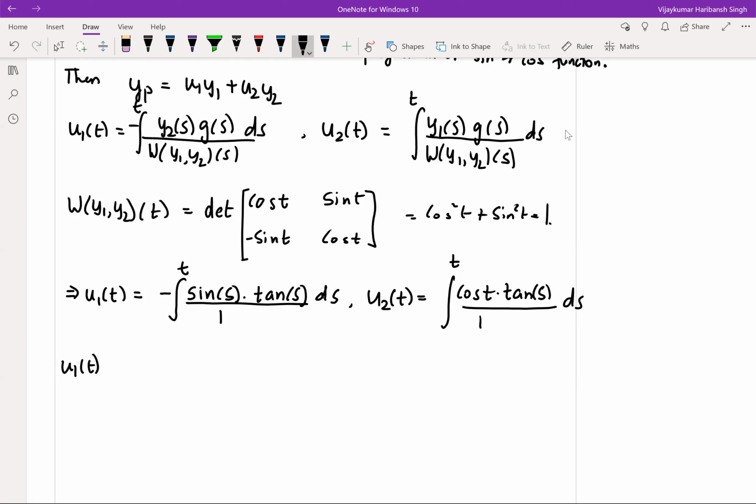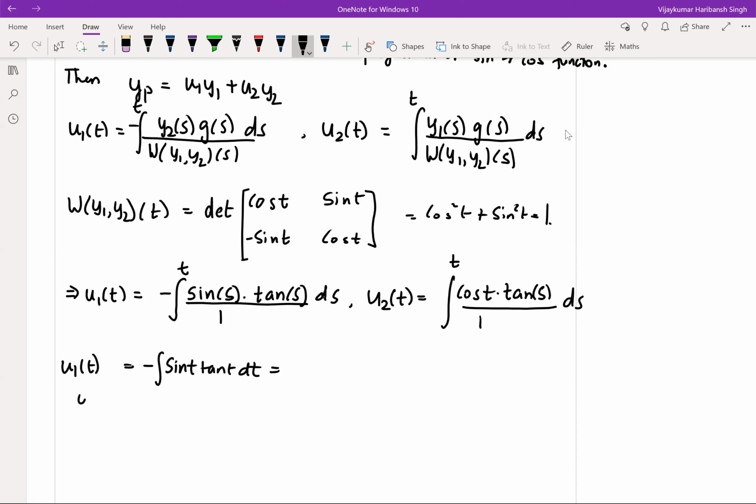So u1(t), we'll have to use integration by parts now. First I need to compute the integral of sine t tan t dt, which is by parts.